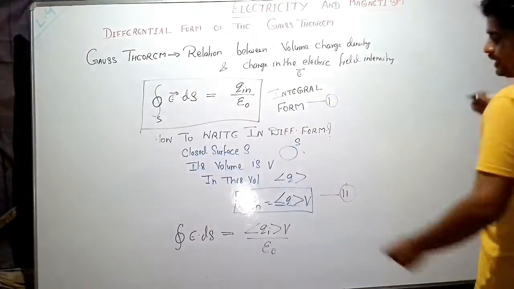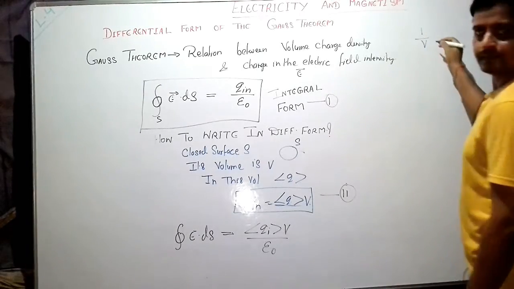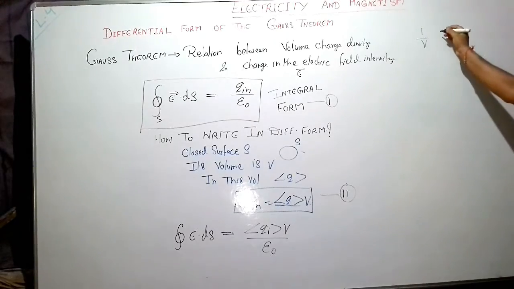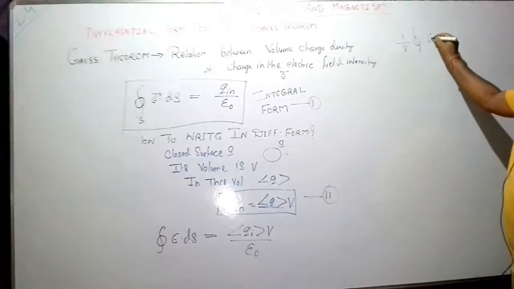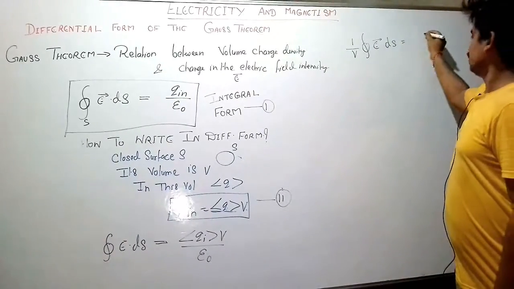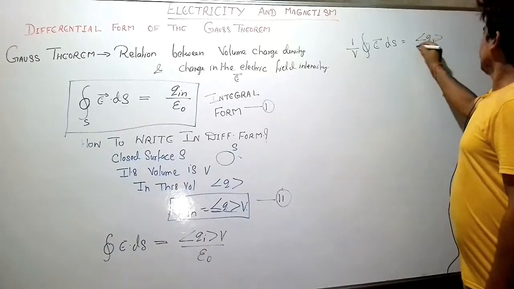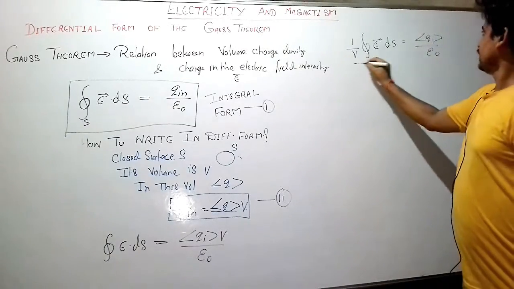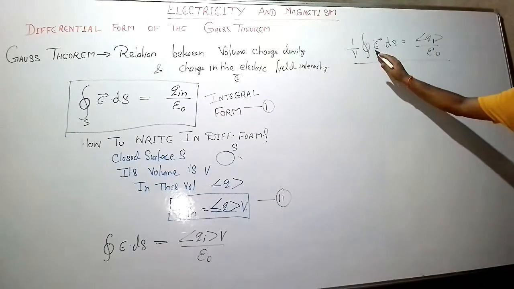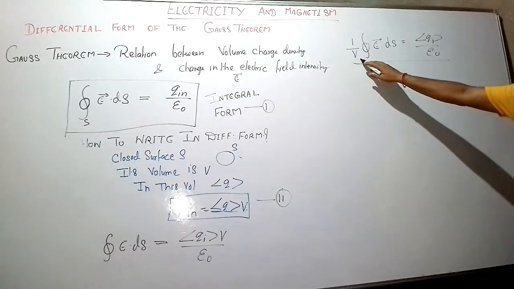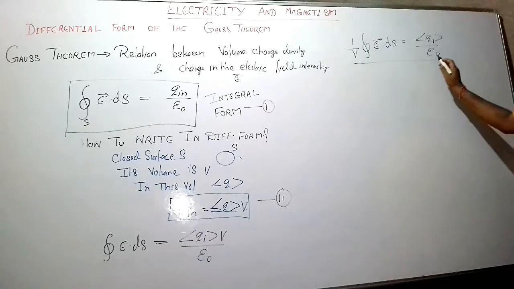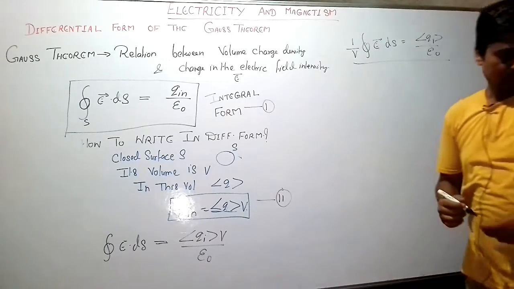Now we can write 1 by V times the integral of E dot ds is equal to Q in divided by epsilon naught. We have rearranged this term.